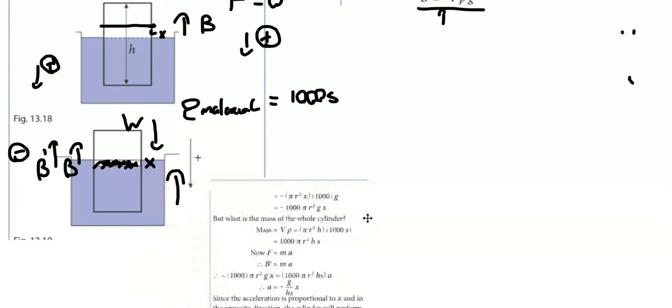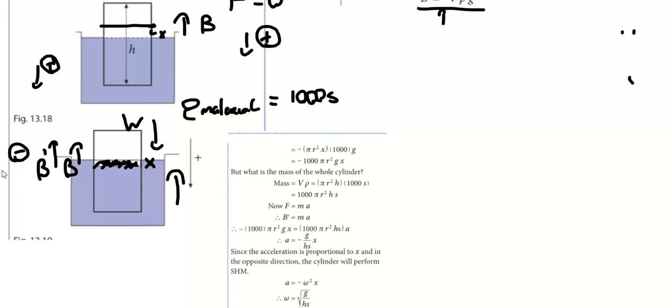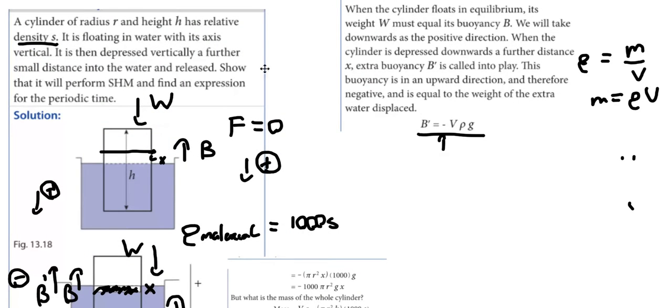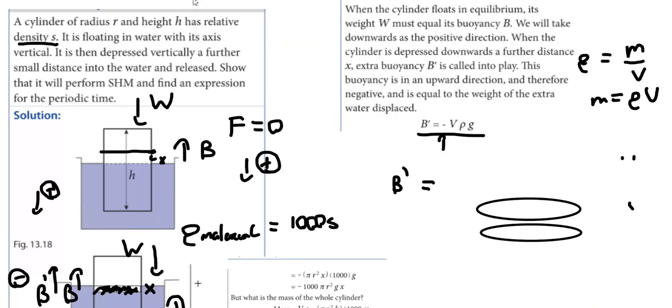So the first thing we're going to do here, guys, is we know it's a cylinder, so it's extra buoyancy force. It's a cylinder of height x. If you imagine this, the extra water that's displaced is basically the extra bit of the cylinder that's now underwater. It has a height x and it still has a radius r.